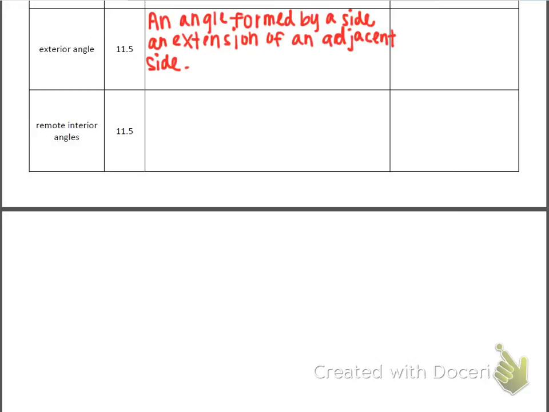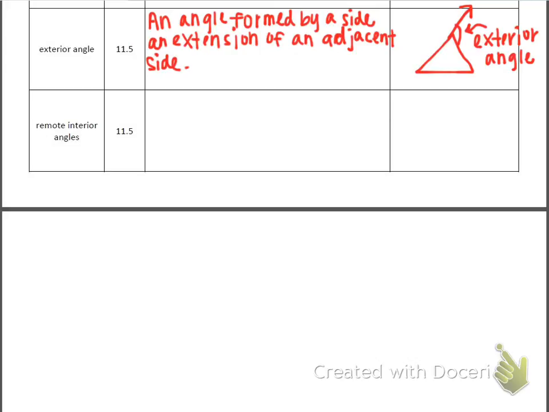For example, if I had a triangle and I extended one of the sides out, this would be your exterior angle. Does that make sense? So it's the angle that, if you extend one of the sides of your triangle, is formed by that adjacent side of the triangle and the extension. Okay.